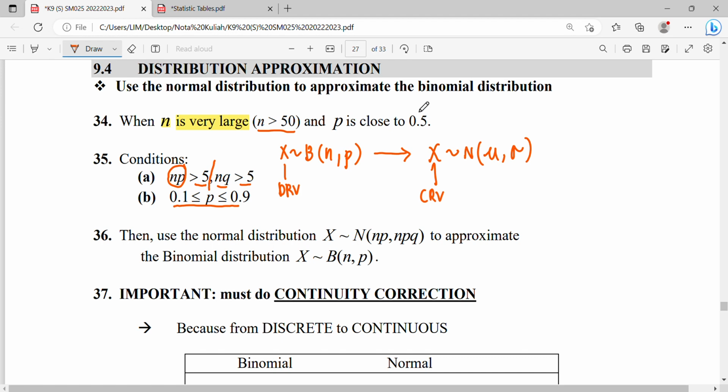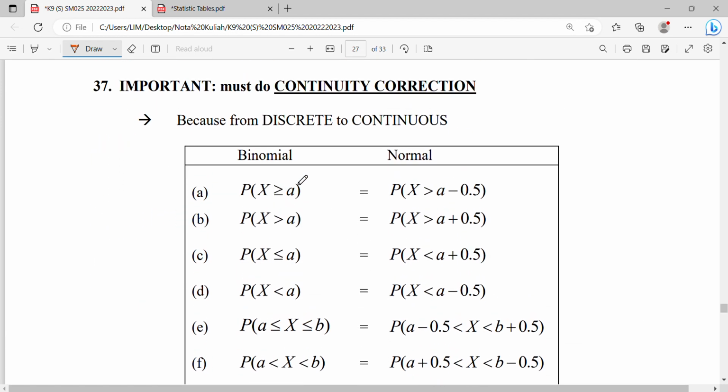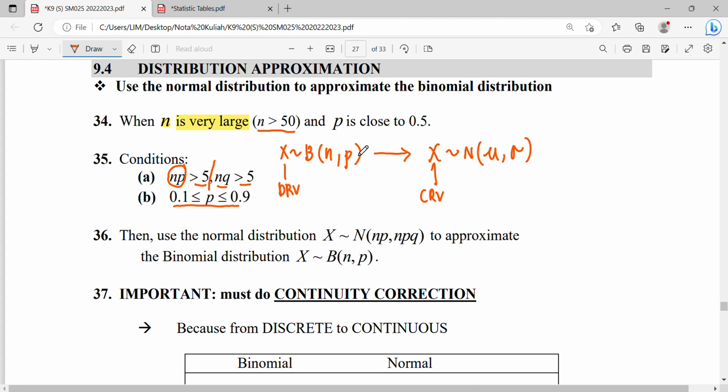So how to do it from discrete to continuous? When you're changing from discrete to continuous, you have to do your continuity correction. From a discrete thing, you have to make it continuous.